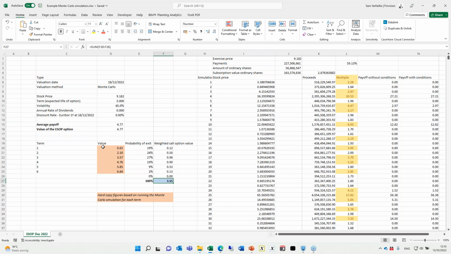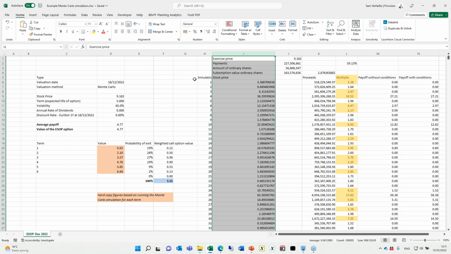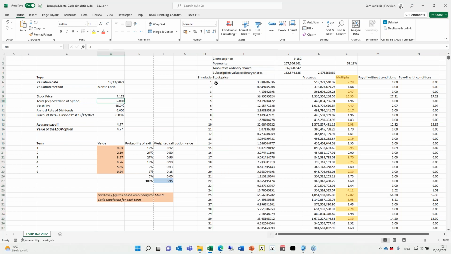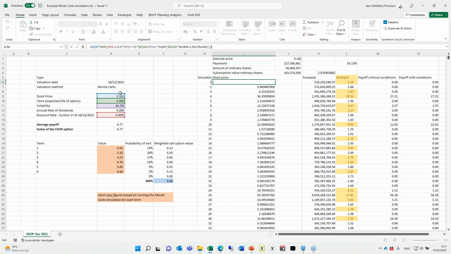So what you see here in column I, is that we will do simulations. In a Monte Carlo, you will do a lot of simulations. In that case, you have 100,000 simulations. What is a simulation? We are now at a term of 5 years, and I will simulate the stock price based on the stock price, the term, the volatility, discount rate.